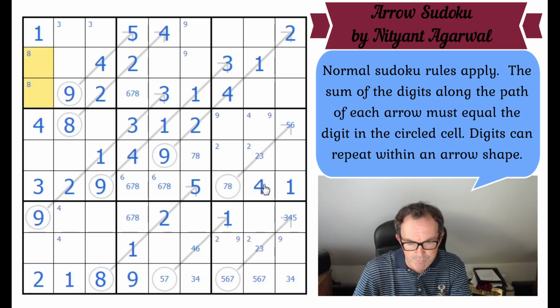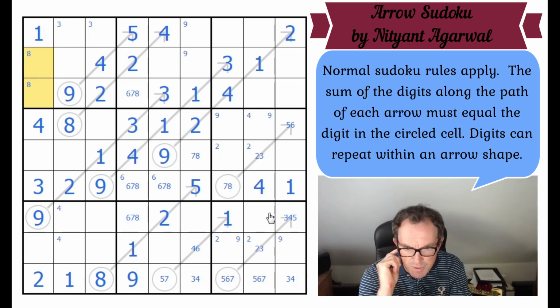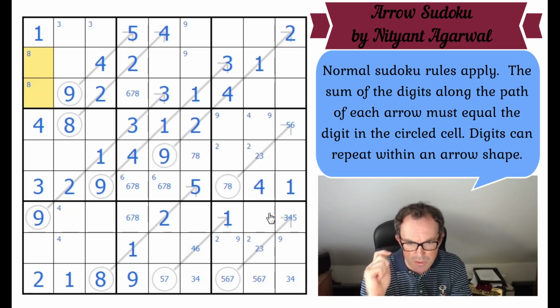Now, what have I done for myself here? Have I really got this puzzle banged to rights? That's the question. So 4 now has to be in one of these 3 positions, I think, which is not fantastic.